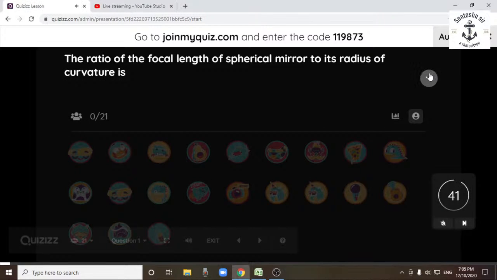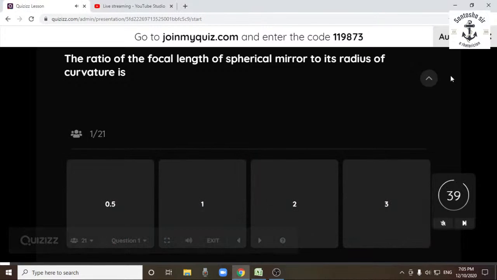First question on the screen. The ratio of the focal length of a spherical mirror to its radius of curvature is.